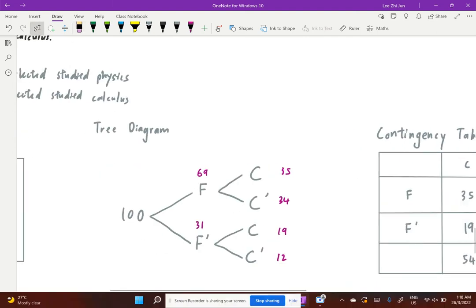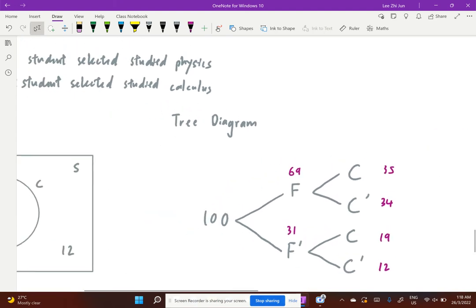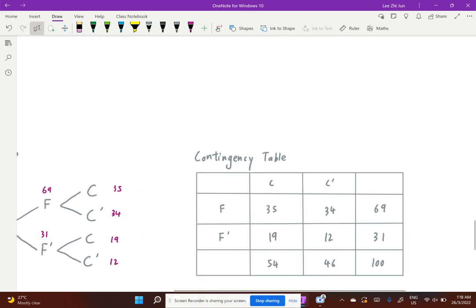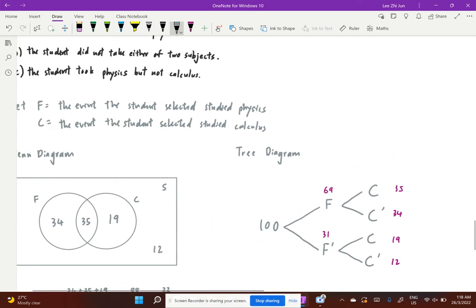And the contingency table. For the contingency table, I include all. For me, I like the contingency table the most because it is the most detailed diagram among these three.